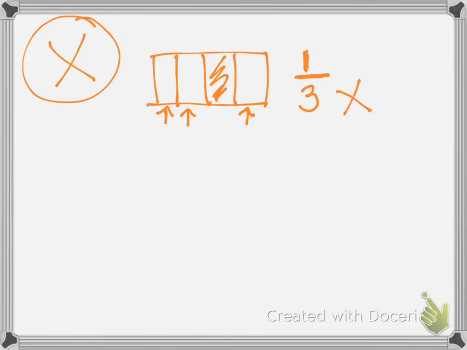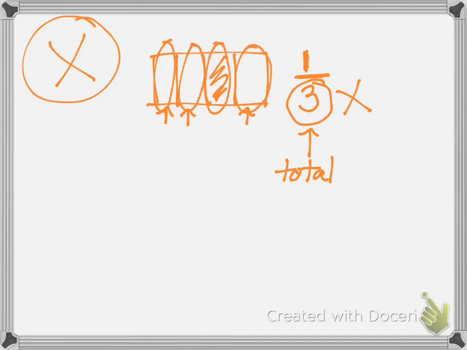That is incorrect. Okay, this 3 on the bottom is the total number of sections. If we count the total number of sections, we have got 1, 2, 3, 4. That number should be a 4 on the bottom. If we count the number of sections colored in, 1.